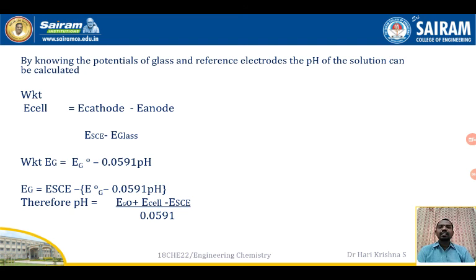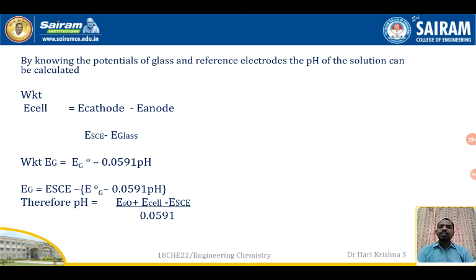E cell is the electrode potential which we measure, and E SCE is the standard calomel electrode potential, which is given. Eg naught will also be given. When we substitute all these three values and divide by 0.0591, we determine the pH of the solution.